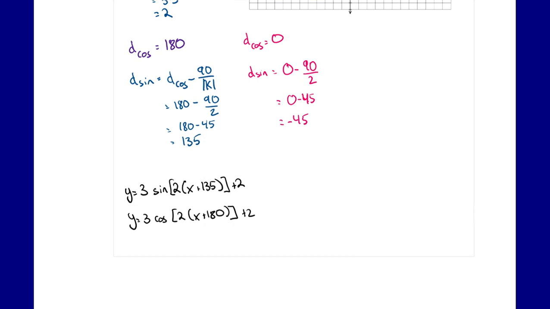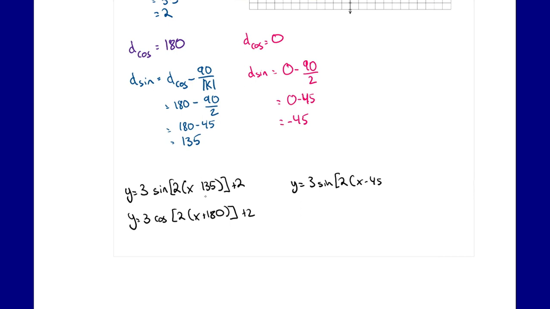Or on the flip side, if we used a different maximum, y equals 3 sine 2x minus 45.